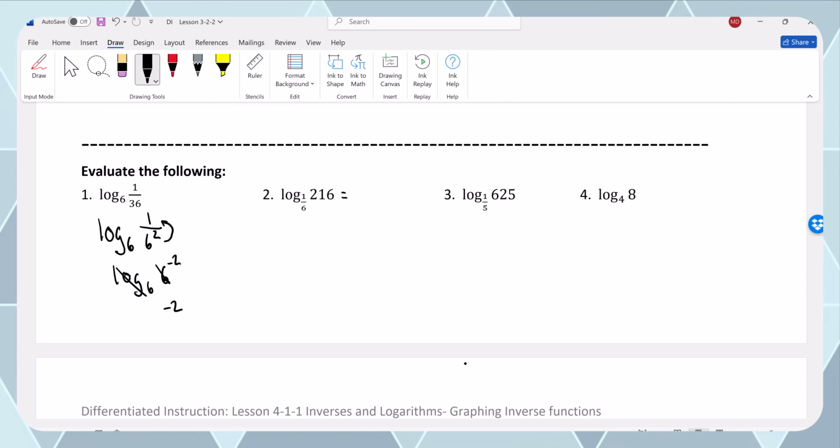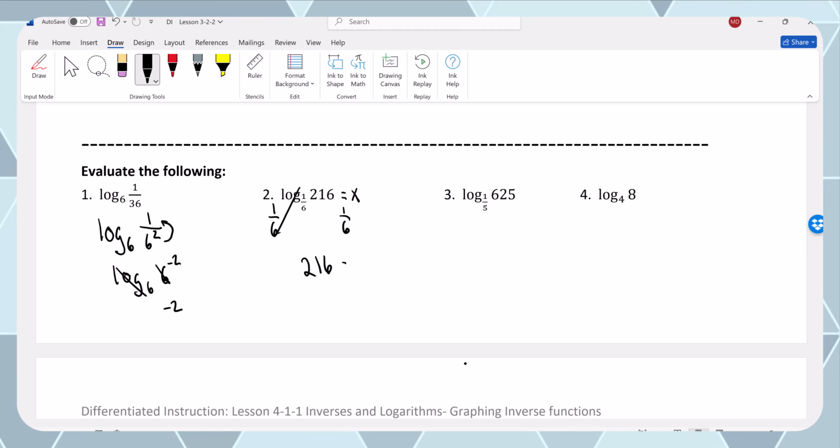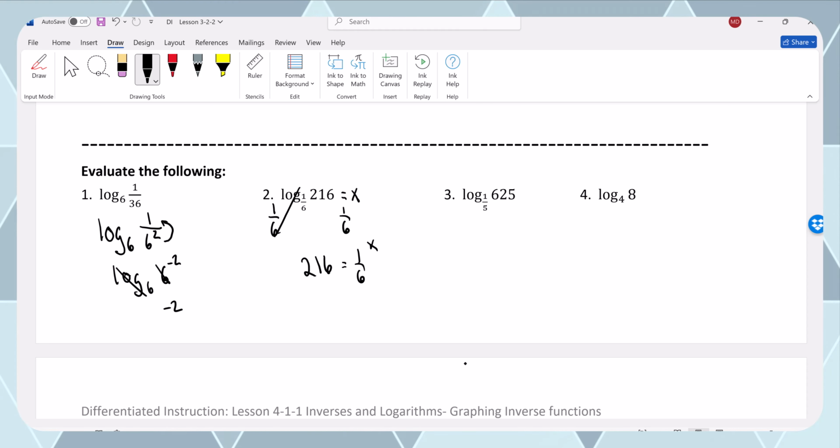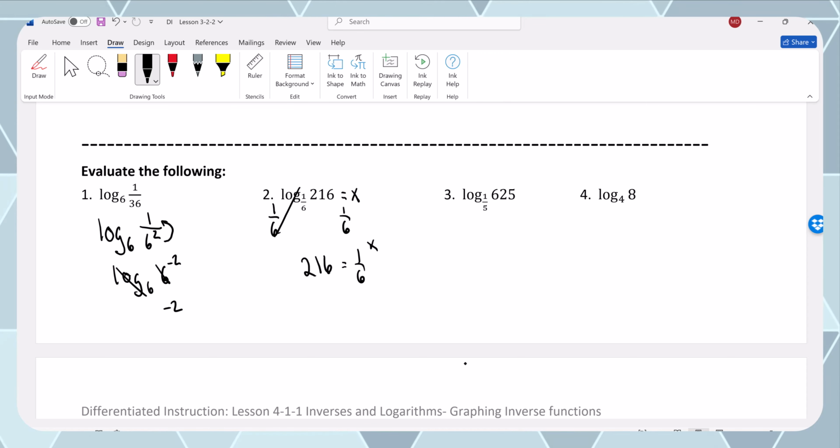So we can set it equal to x, change the base, so now I have to figure out what power can I make these the same, right? Because if they're the same, then I can set my exponent equal to each other.